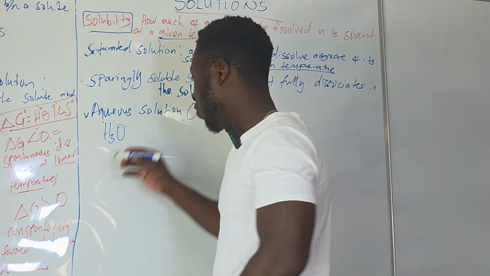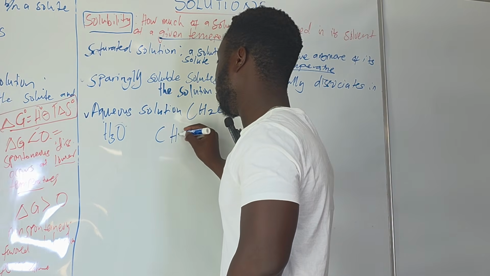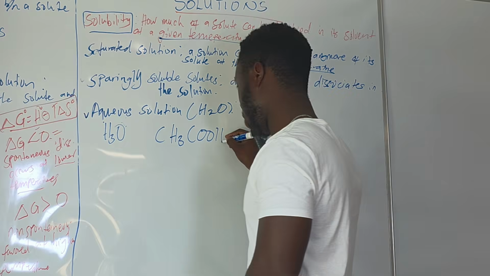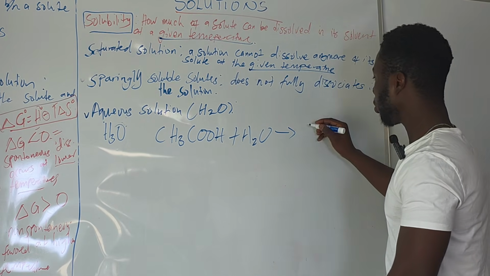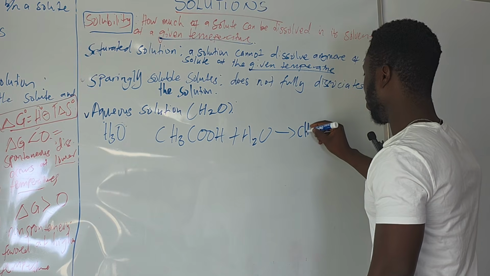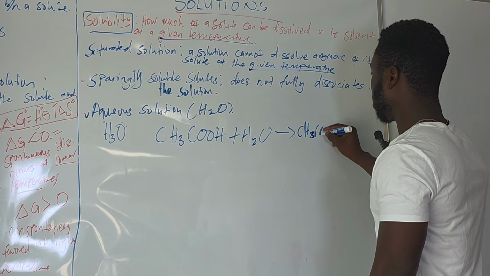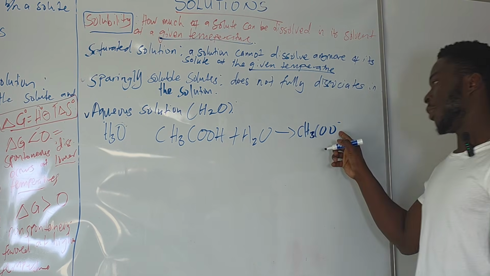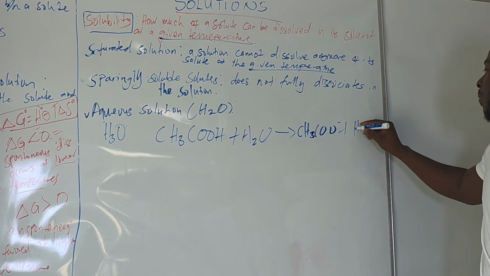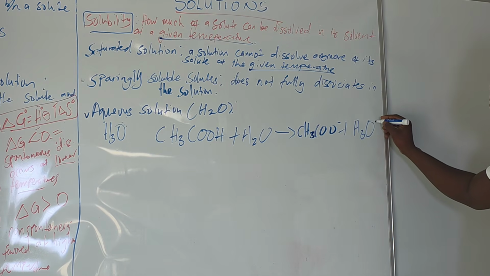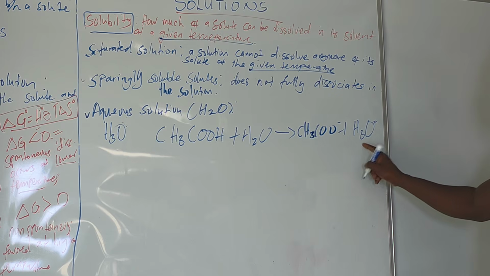For example, if you dissolve CH3COOH in water, you form acetate, which is CH3COO minus over here. See, you will lose this hydrogen ion, and then you just have your hydronium ion over here.